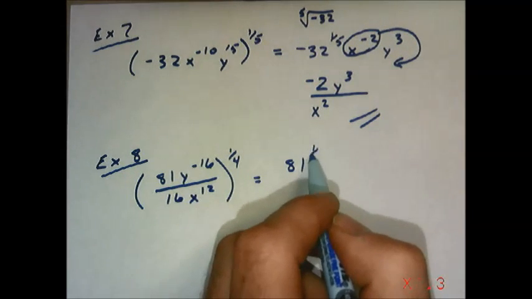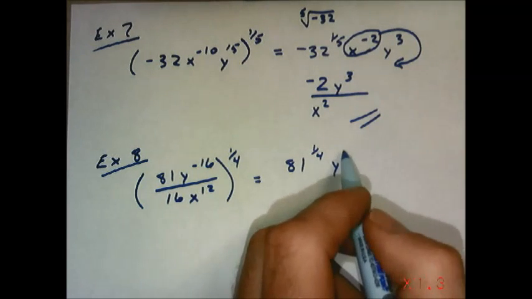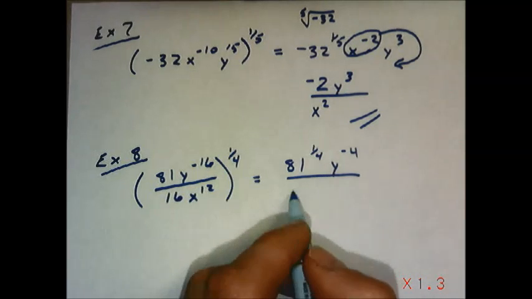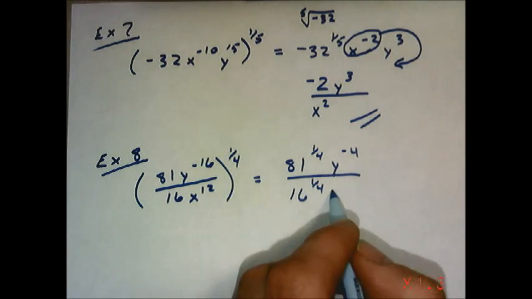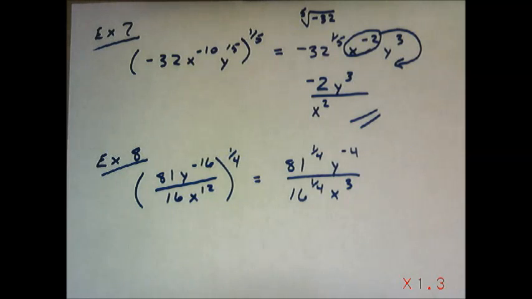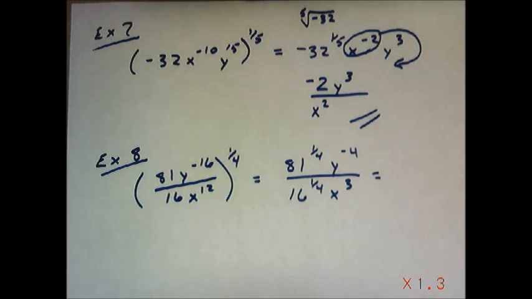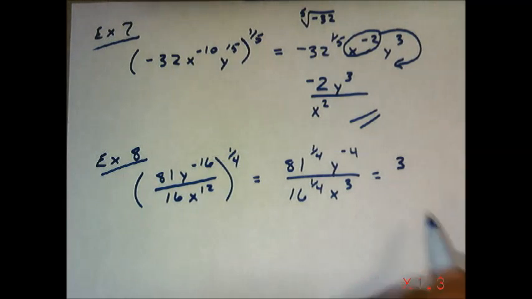So we have 81 to the 1/4. Y, negative 16 times 1/4 is negative 4 over 16 to the 1/4 power. And then 12 times 1/4 gives us 3. Now we can start simplifying each of these individual pieces. 81 to the 1/4 is 3.